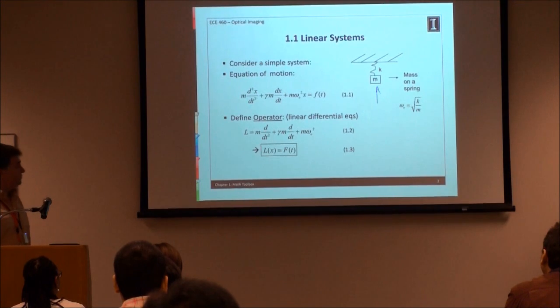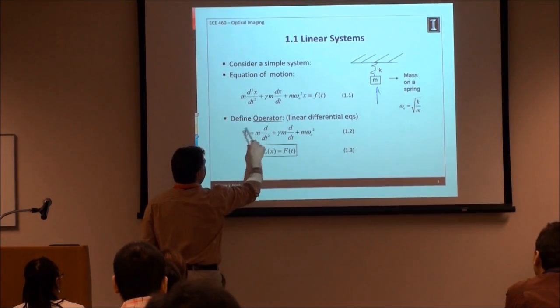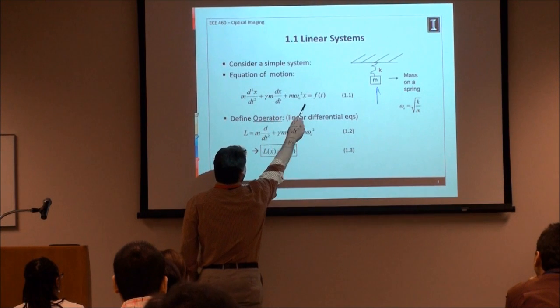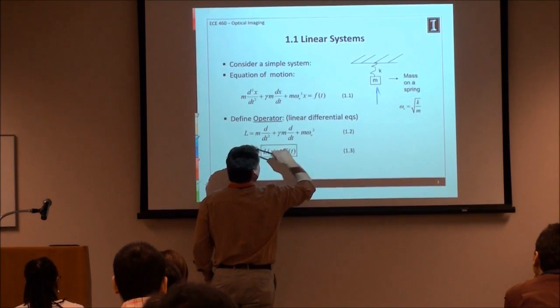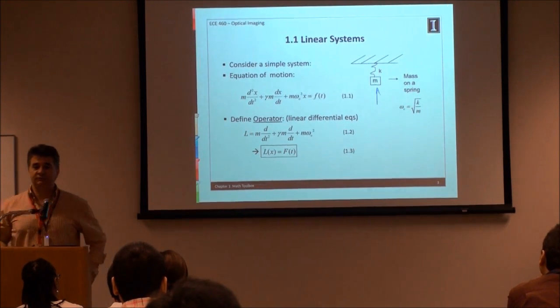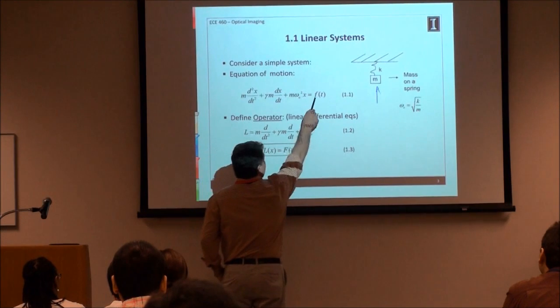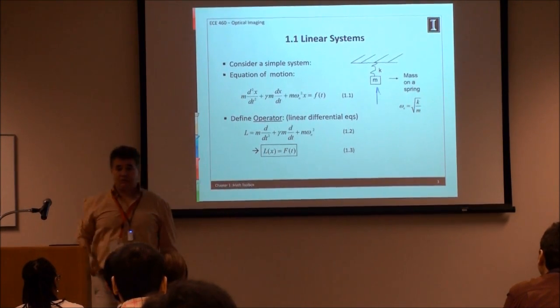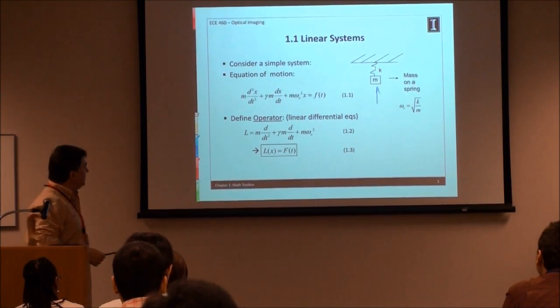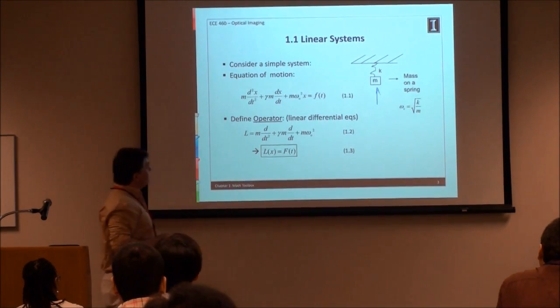That will be the solution of this linear differential equation, where I have an acceleration term, a damping term, and a resonant term or a restoring force, and possibly an external force. Okay, so I can pull on the mass with a certain function that could be very general as a function of time. My goal is to find out what x is. Okay?